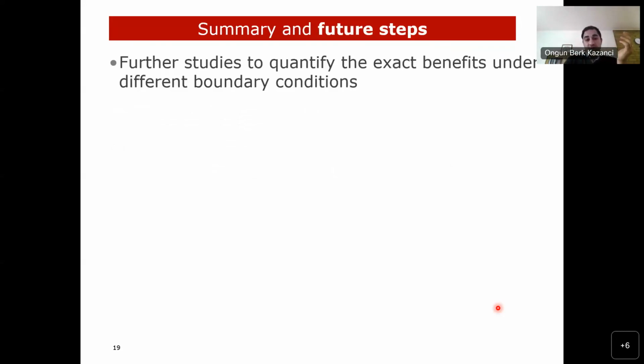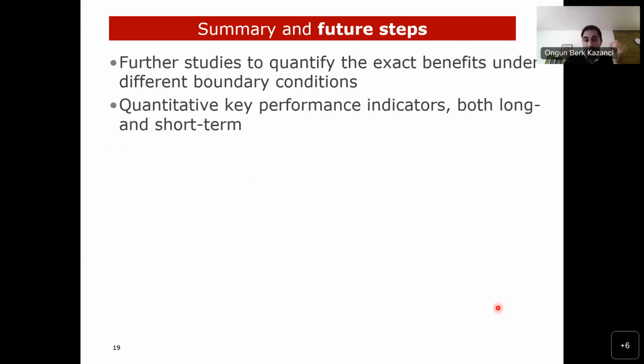So the future steps that we have is that we will obviously continue these simulations in a systematic way to quantify their exact benefits under different boundary conditions. Together with this work, we're working on developing quantitative key performance indicators, both for long-term, meaning, for example, a cooling season, or short-term, meaning maybe a matter of 3-4 days or a week.